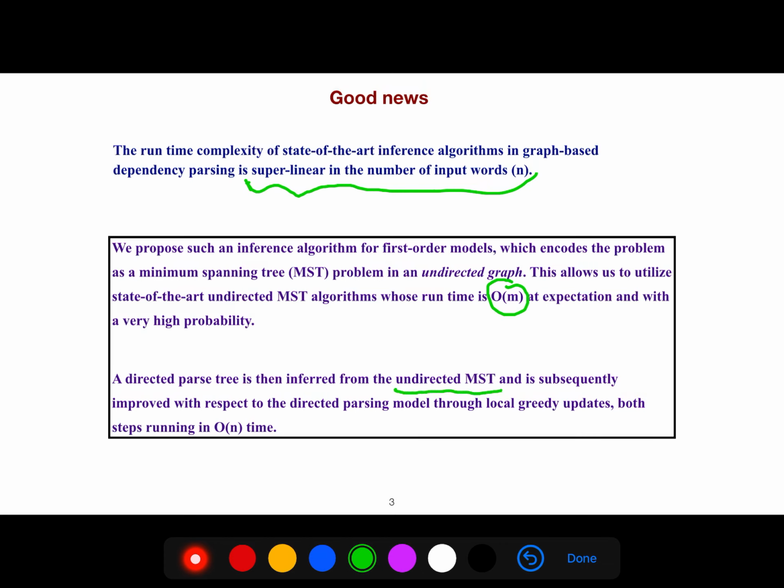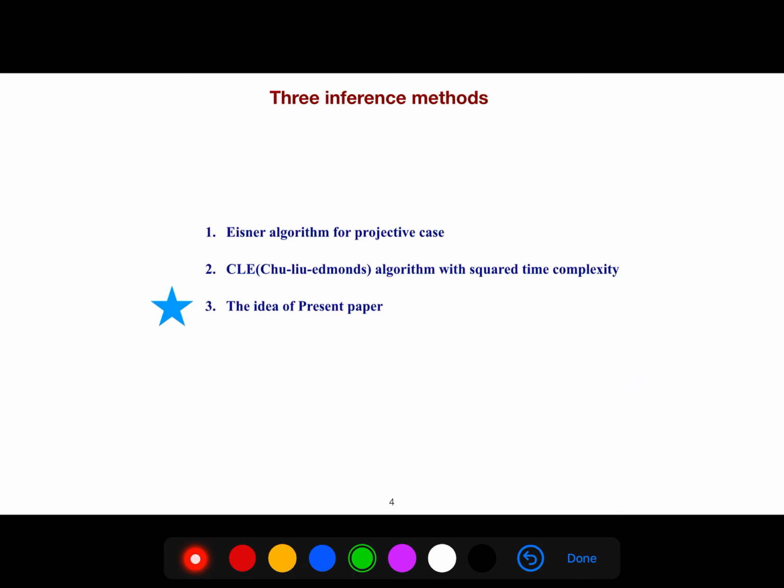Because undirected is easy, we can find the algorithm for maximum spanning tree, then we infer the directed tree from the undirected. It's a very tricky, good idea in this article. It is subsequently improved with respect to the directed parsing model through local greedy updates. Both steps run in linear order of time, order of n in time complexity. So the time complexity is order of n, so it's linear.